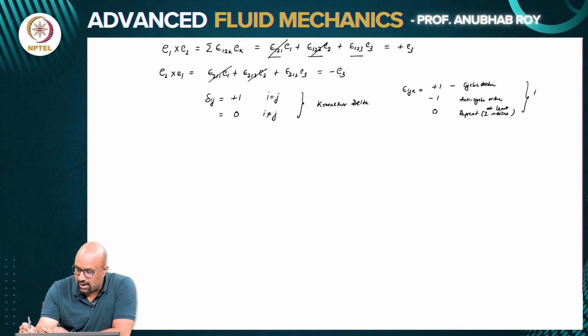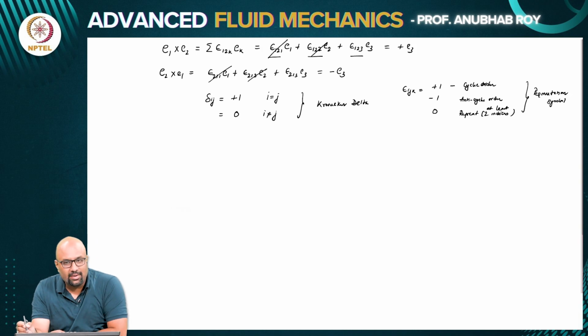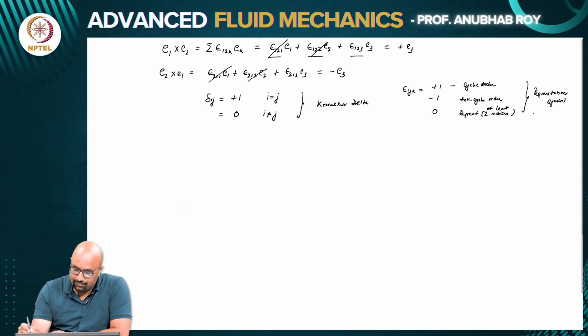So, this is known as the permutation symbol, or later we will call it the permutation tensor. So, this is what we have now as a tool in order to do calculations.